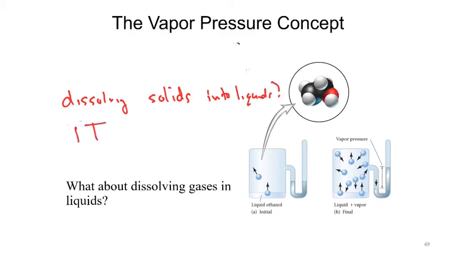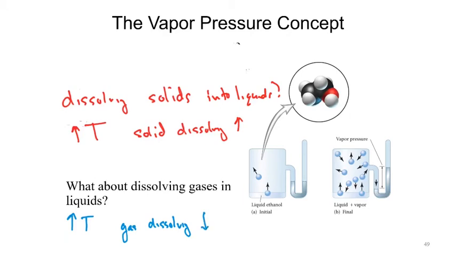What happens if I increase the temperature to the amount of solid dissolving? Okay, the solid dissolving goes up. I get more solid to dissolve at higher temperatures. What about with gases? What happens if I increase the temperature with a gas? Does the dissolving go up or down? Well, it should go up because the other one went up. It actually goes down.